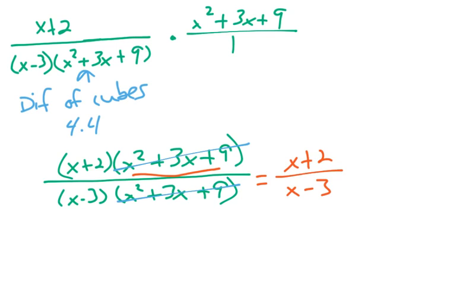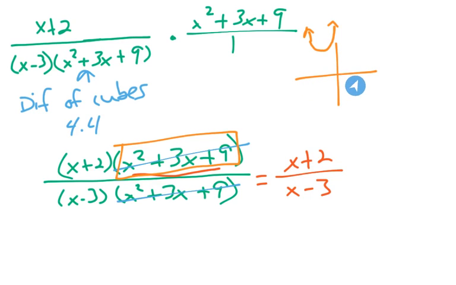If you graph, let me change colors here. Let me go to orange. If you tried to graph this and look where it crosses the x-axis, what you're going to find is something that looks kind of like this. If you were to graph it, you would see something up there. What that means is that there's no x-intercept. There's no real solution to make this to where it crosses the x-axis, which means this x squared plus 3x plus 9 doesn't have any real zeros, meaning there's no way you could make this equal to 0.